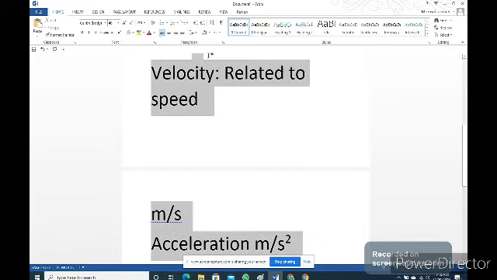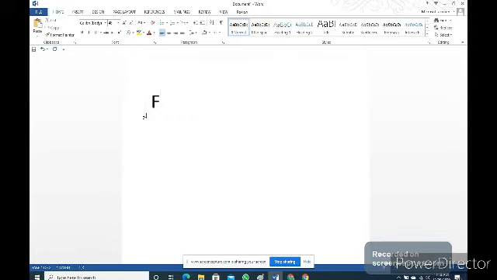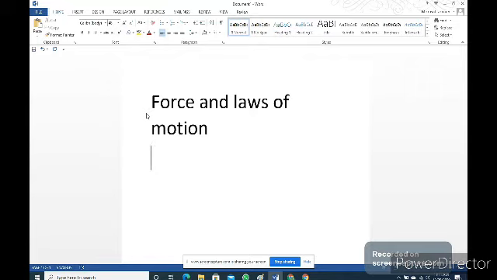Before knowing the laws of motion, let's know about force. What is force? A force is a push or a pull applied to an object. The SI unit of force is Newton. There are three laws: the first law, the law of inertia, then the second law, and then the third law.